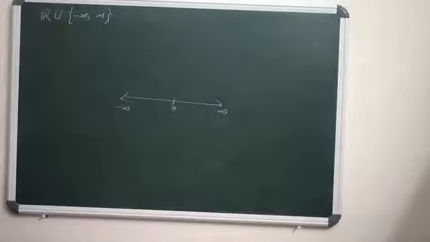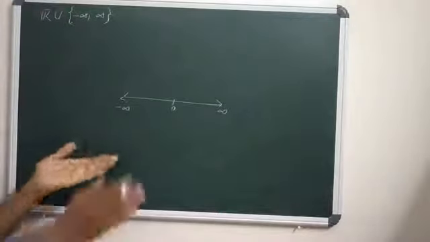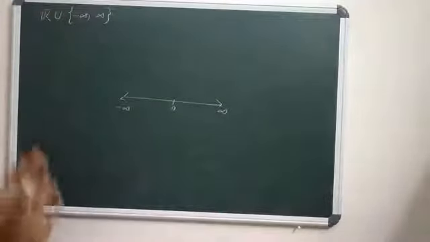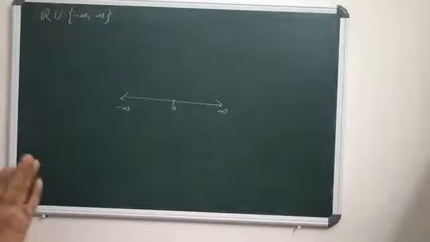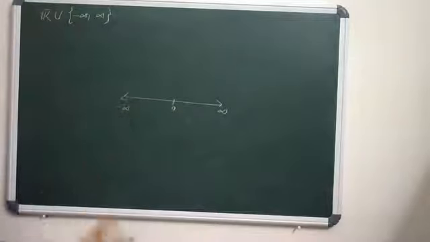The familiar and convenient geometric interpretation of the real number system is nothing but the real line. And minus infinity and plus infinity are only symbols.